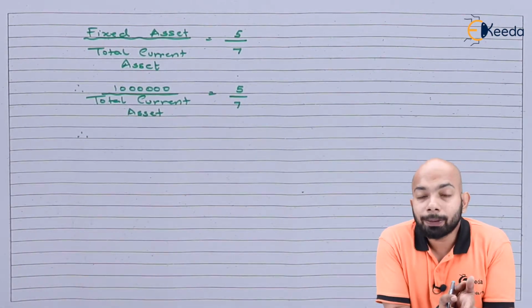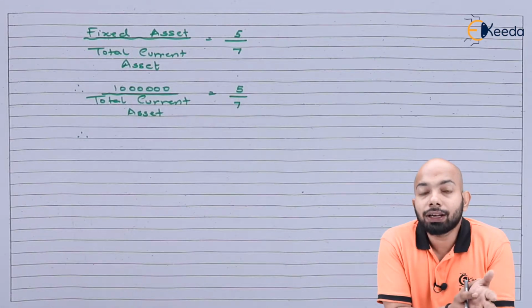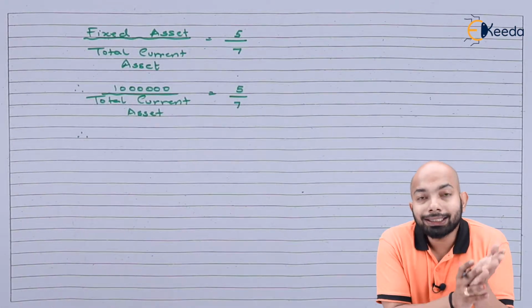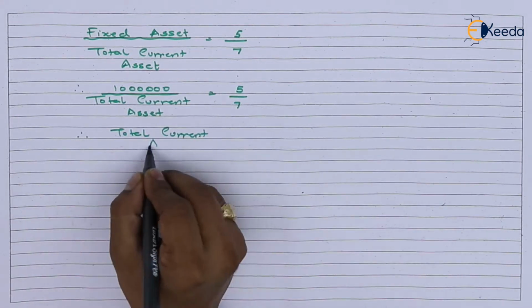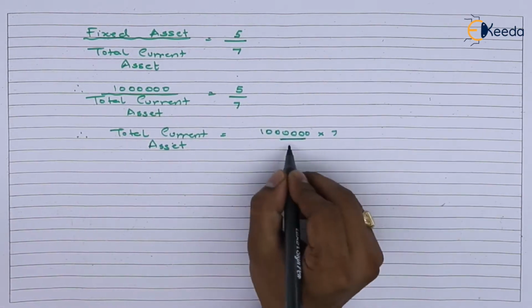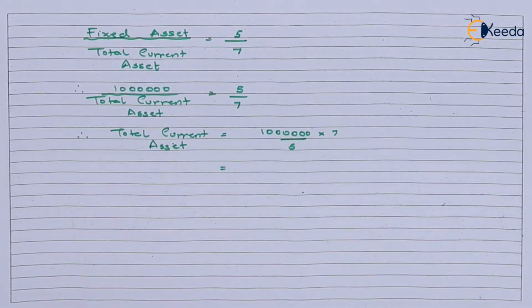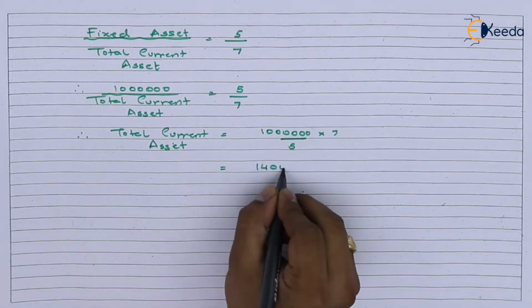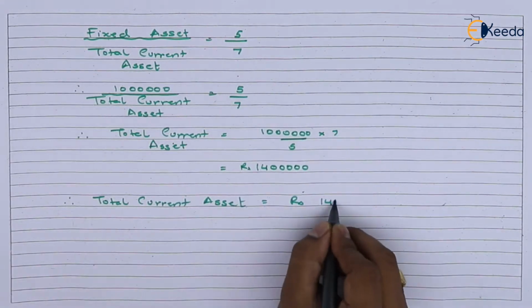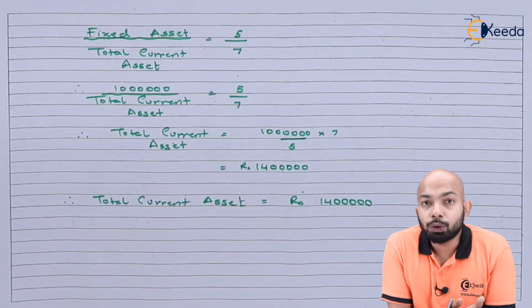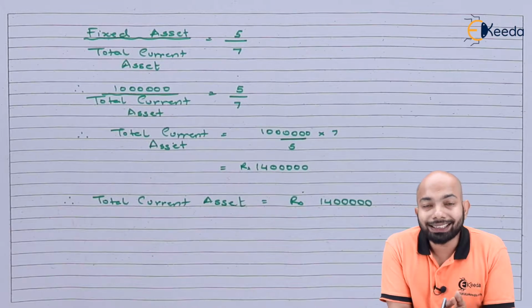With the cross multiplication factor, you'll have total current asset value that will be 10 lakhs multiplied by 7 divided by 5. So we figured out the value for total current asset, which is rupees 14 lakhs.